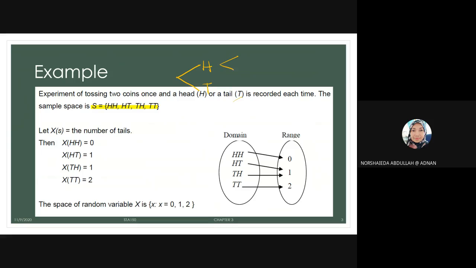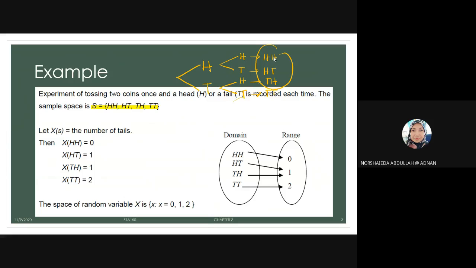And also for the second coin, given that the first coin is head or tail, the second coin also we can get either head or tail. So the possible outcome of tossing 2 coins is either 2 head, first head second tail, first tail second head, or 2 tail. Okay, so this is how we get the list of the possible outcomes, right?